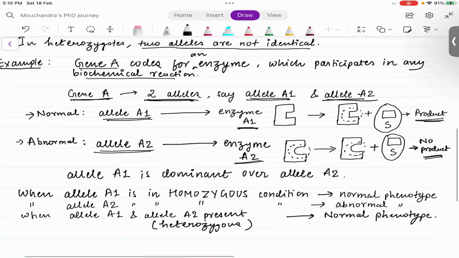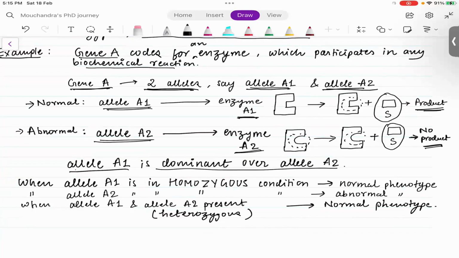And if it is heterozygous, if both the alleles are present, in a heterozygous individual it is seen that allele A1 is dominant over allele A2. All right. So if it is heterozygous, then we get the normal phenotype, meaning an enzyme which produces the desired product when reacting with the corresponding substrate.